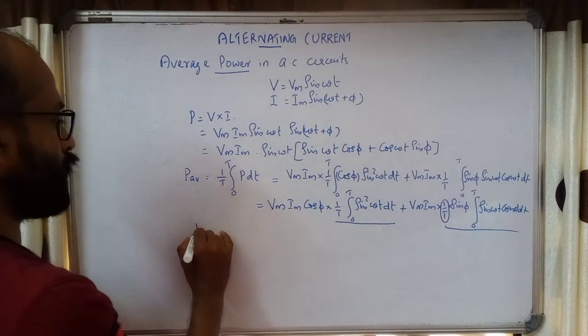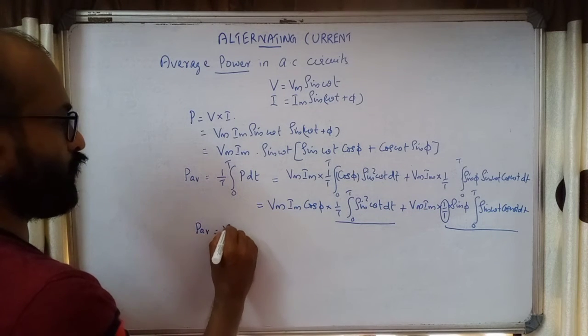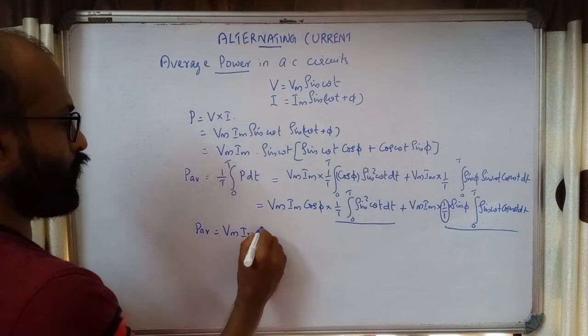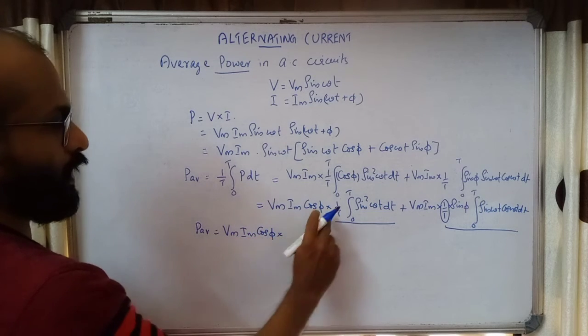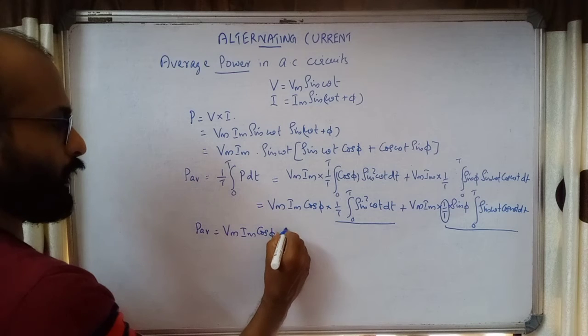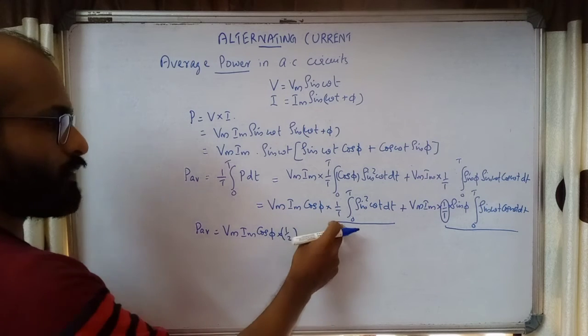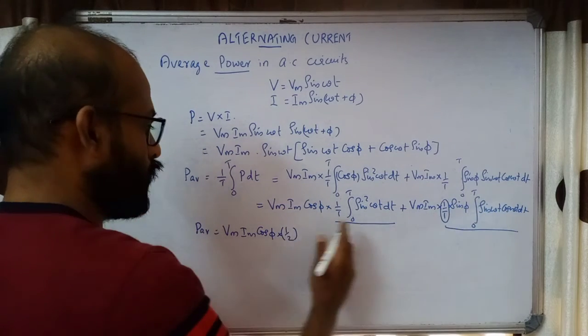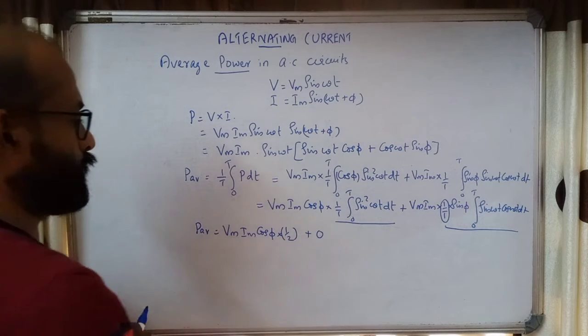Now what is the average power? The average power is Vm Im cos φ into 1/2, plus 0.